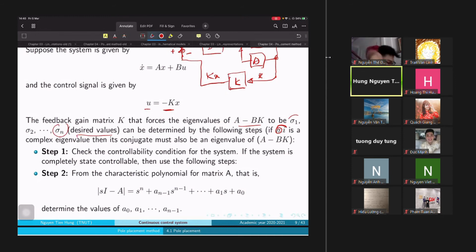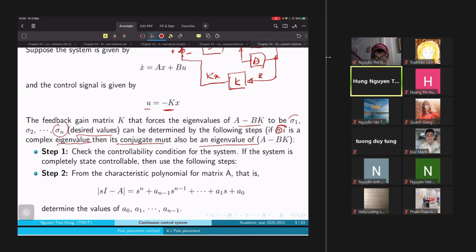Remember that if any sigma i is a complex eigenvalue, then its conjugate must also be an eigenvalue of this. You had this in the eigenvalue section, and we already noted it.